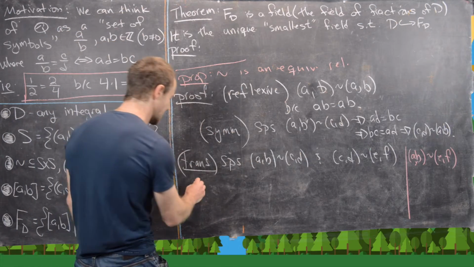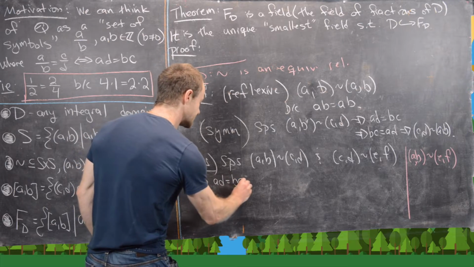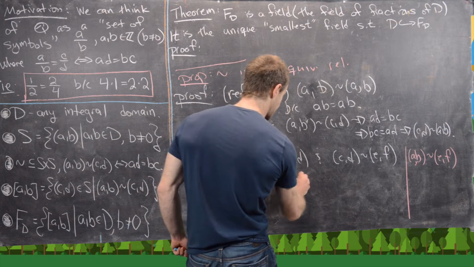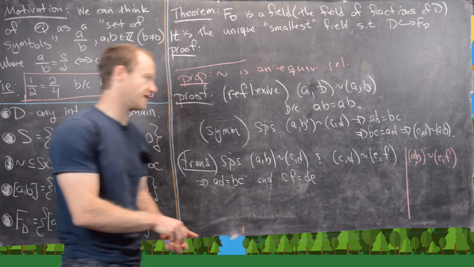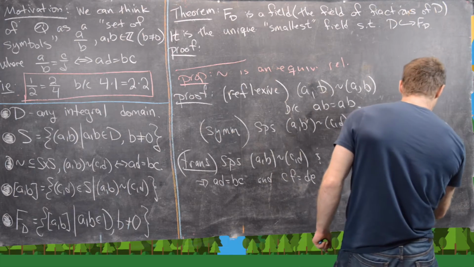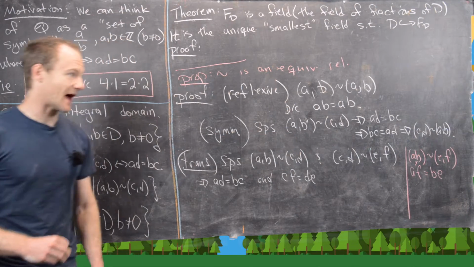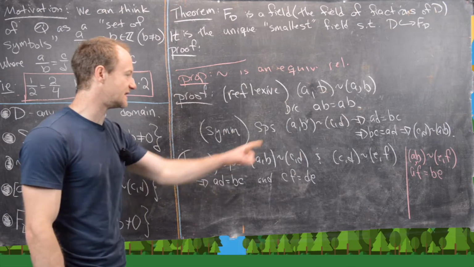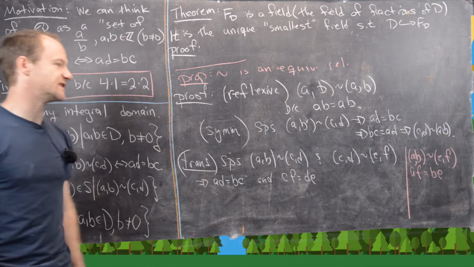This means that AD equals BC and that CF equals DE. Great. And our goal over there means that AF is going to be equal to BE. Taking that as inspiration, we're going to need to get something in terms of AF and BE into this setup.